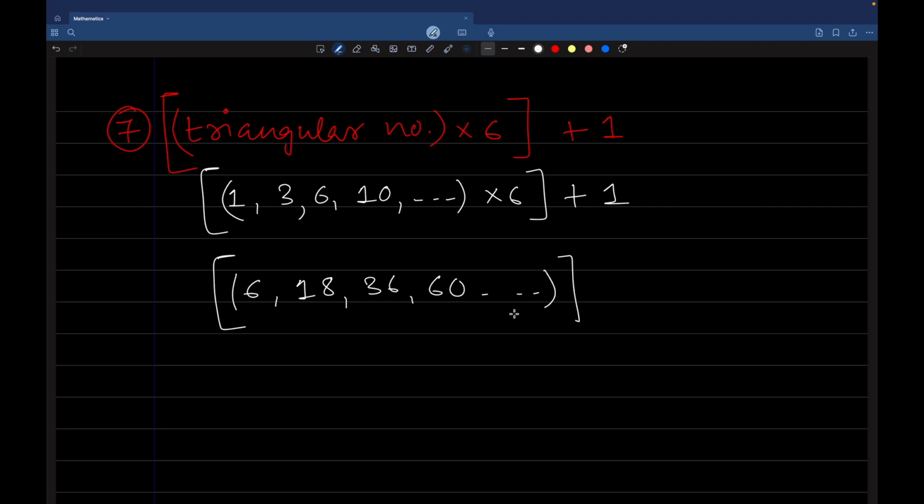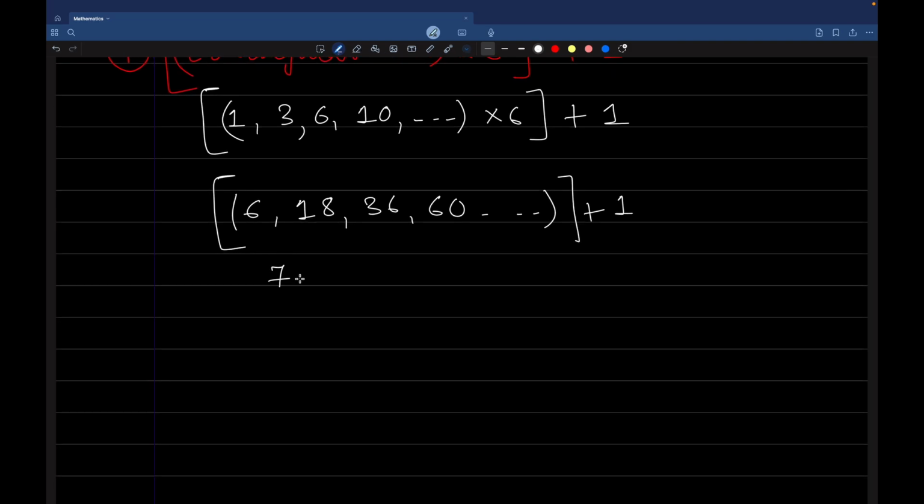Now add 1 to each number, we get 7, 19, 37, 61 and so on.